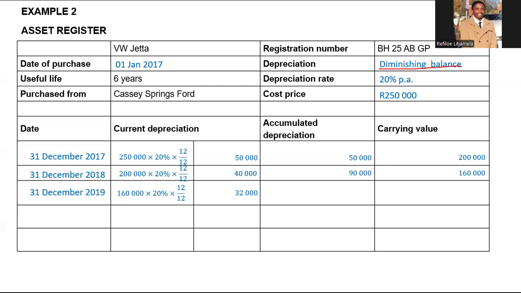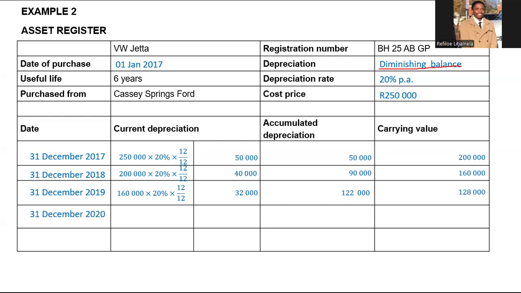That was 90,000 Rand plus 32,000 Rand, which will give us 122,000. So when you calculate carrying value, it will be that 250,000 minus 122,000, and that will give us the carrying value amounting to 128,000.